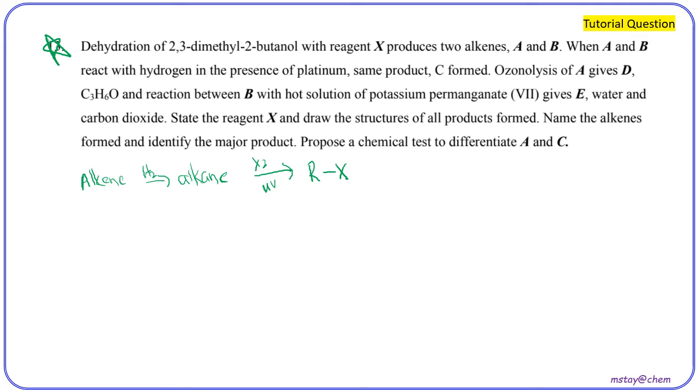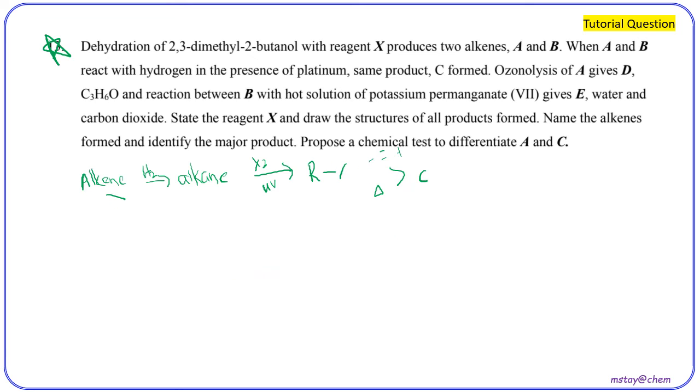And haloalkane undergoes dehydrohalogenation with the reagent KOH in ethanol, and then heat, to produce alkene. So you can see that there is a relationship between them. That's why in organic chemistry, you will learn how to relate all these chapters together.